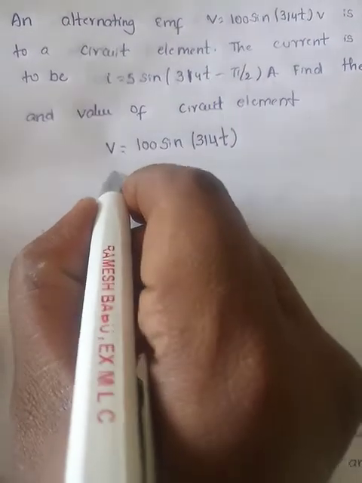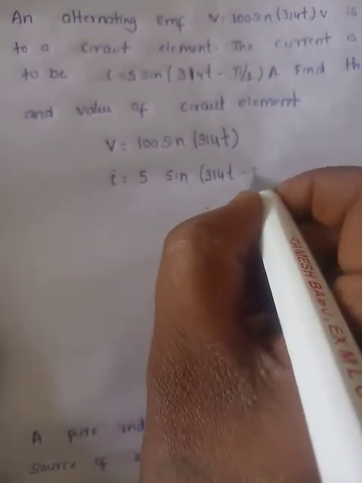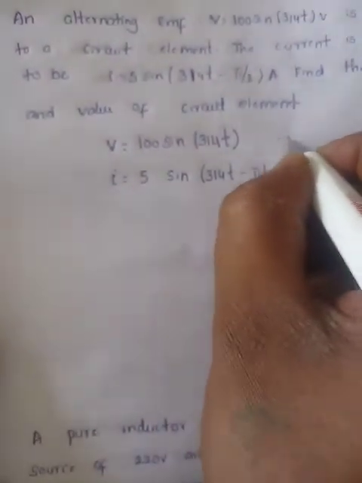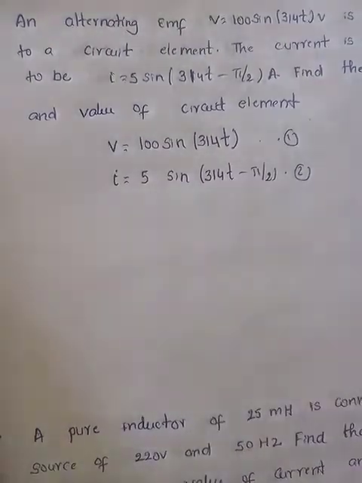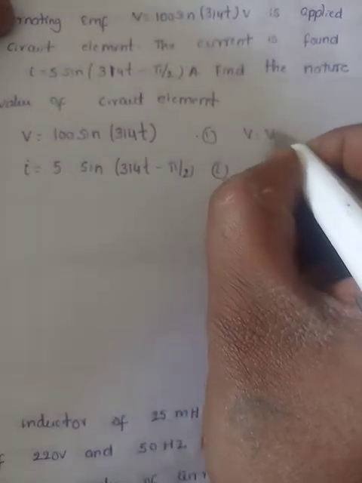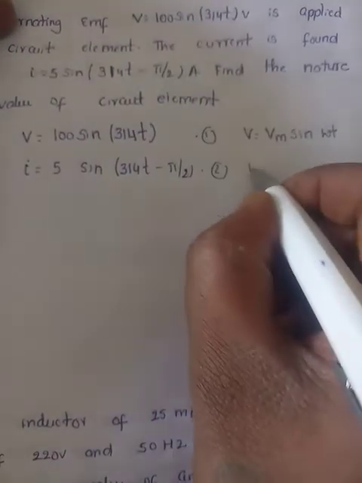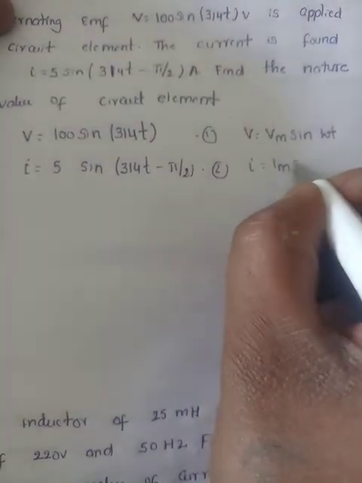In a similar way, current I equals 5 sin(314t minus pi by 2). So, these two equations represent what? Voltage and current at any instant. V equals Vm sin omega t, and I equals Im sin(omega t minus pi by 2).